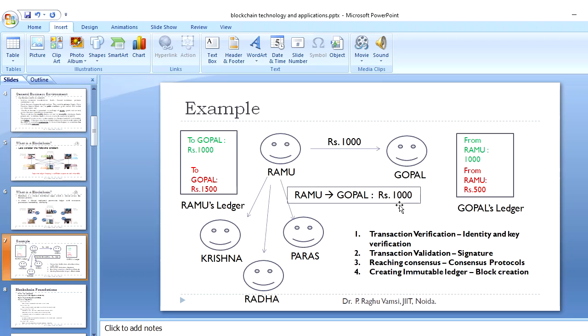Whatever resultant they get is the signature, and the signature is verified using the public key. For this purpose, the very famous digital signature algorithm called ECDSA, the elliptic curve digital signature algorithm, is used.